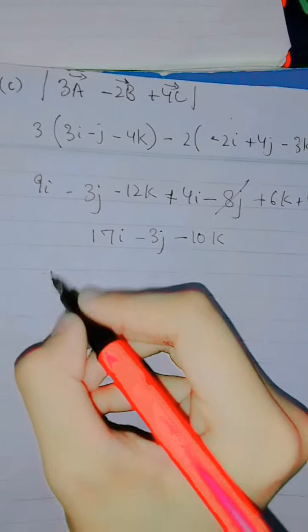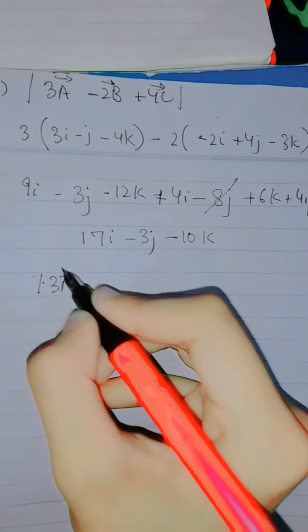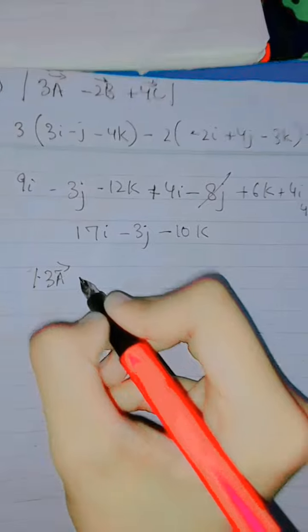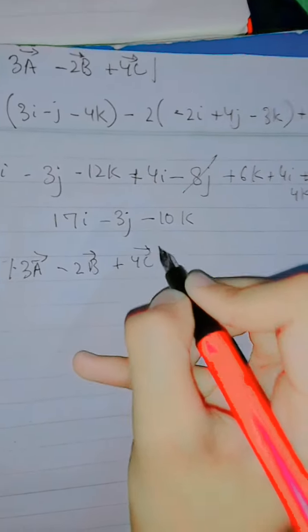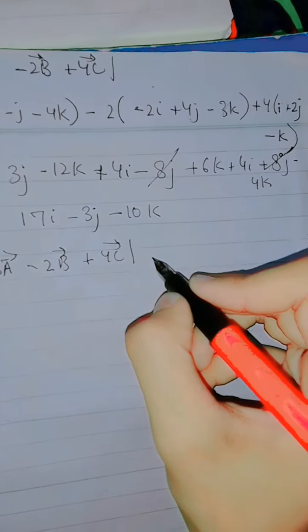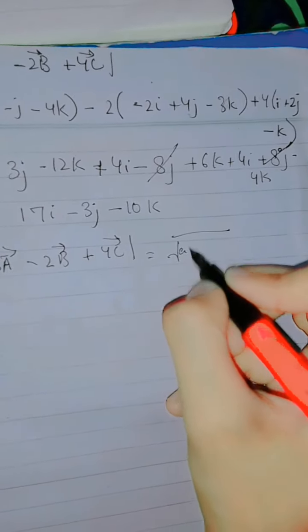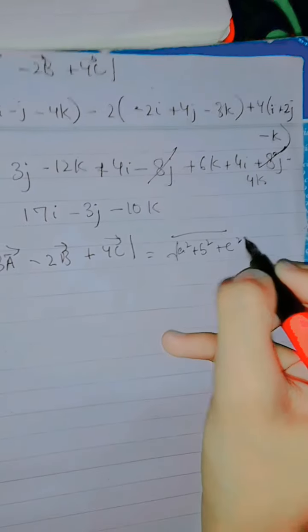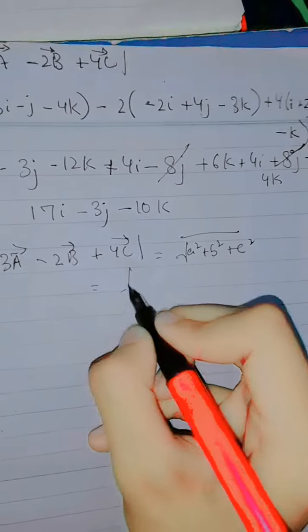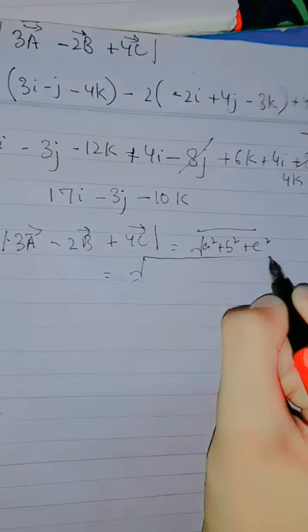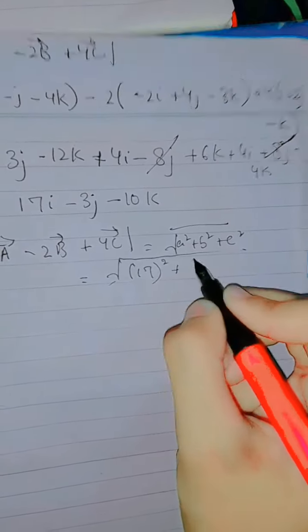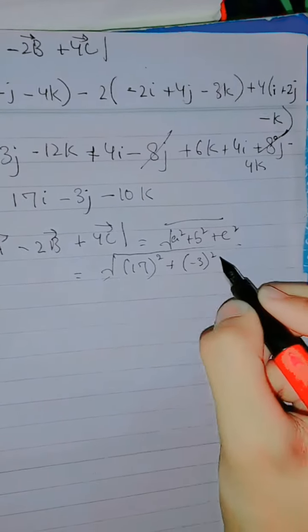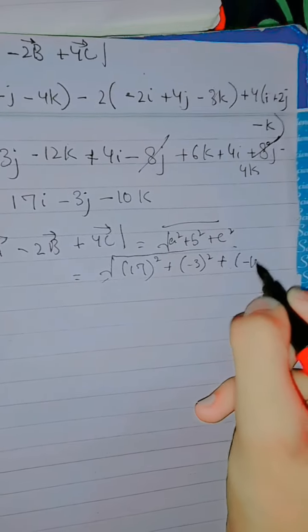Now we'll be finding the magnitude of this. The magnitude of 3a minus 2b plus 4c will be equal to, and the formula for this is the square root of a square plus b square plus c square. So when we'll be calculating it, 17 square plus minus 3 square plus minus 10 square.